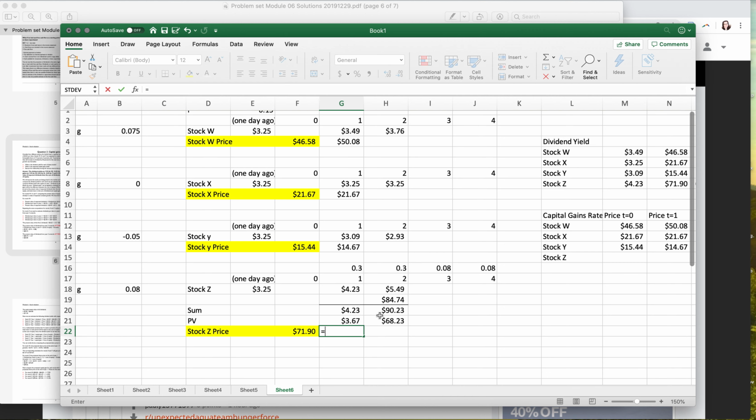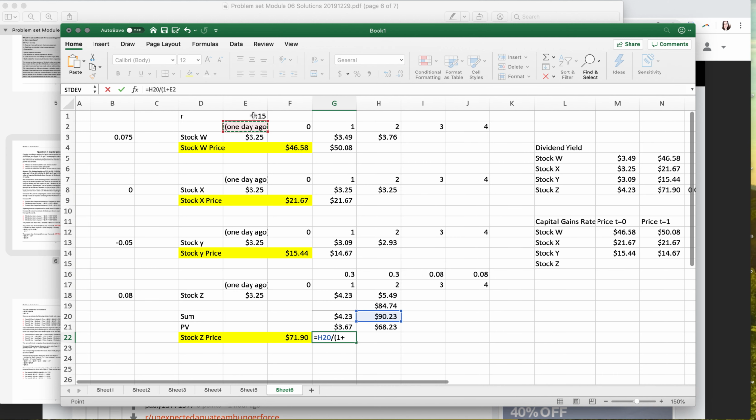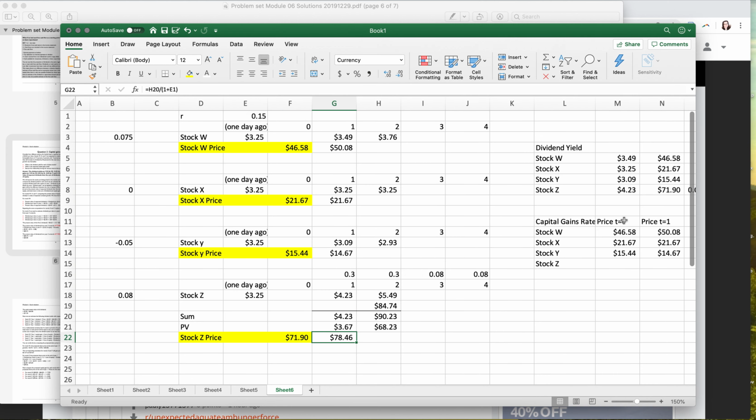Actually, it should be, so year 2, the value of the stock is $90.23. And so you should just divide that by 1 plus R in order to get that price. We'll check that in a second.